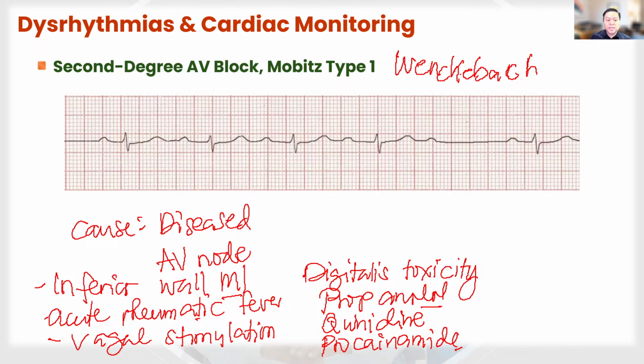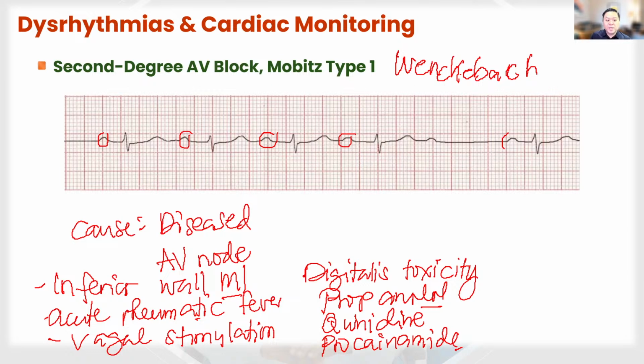So when you're looking into the P waves or the PP interval, let's take a look. Well, you will see that a portion of the strip will have some kind of a regularity, right? There is some uniformity of the P waves.